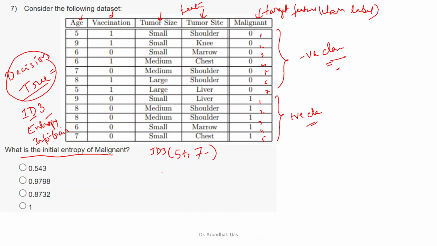Okay, now to calculate this entropy we have this formula.